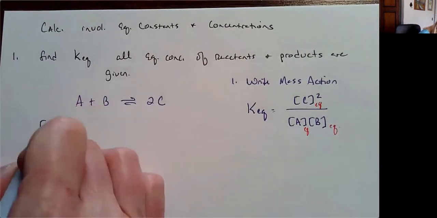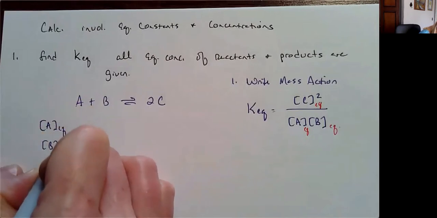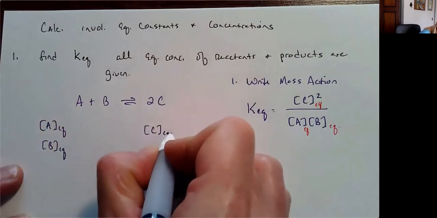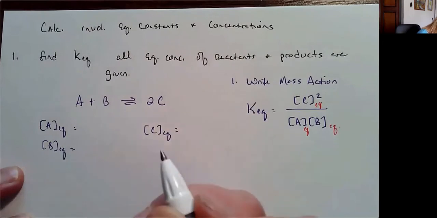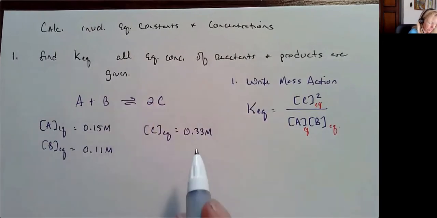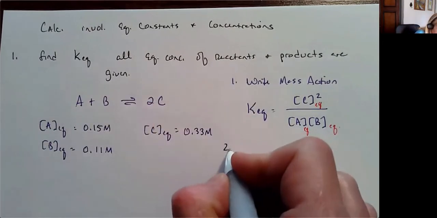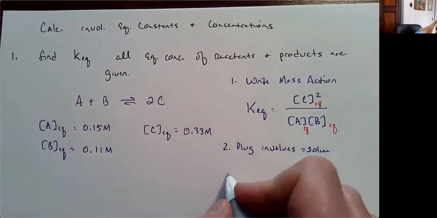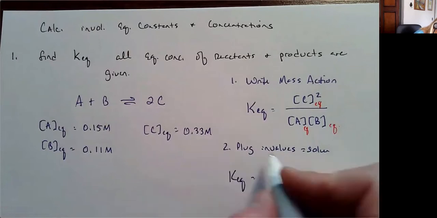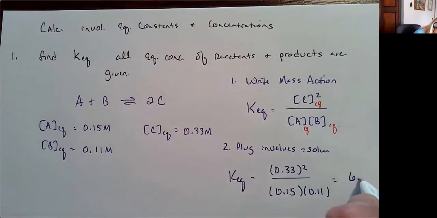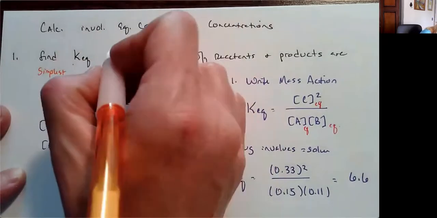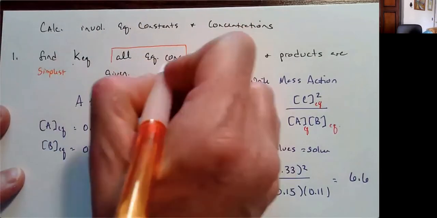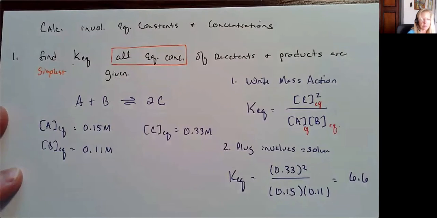You're given all the equilibrium concentration values, so now all I need to do is plug in my values and solve. So KEQ equals, that's going to give me a value of 6.6. This is kind of the simplest: I want to find KEQ and all my equilibrium concentrations are given to me. So that would be one type of problem.